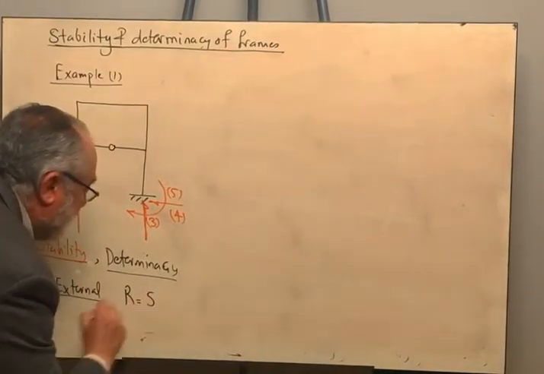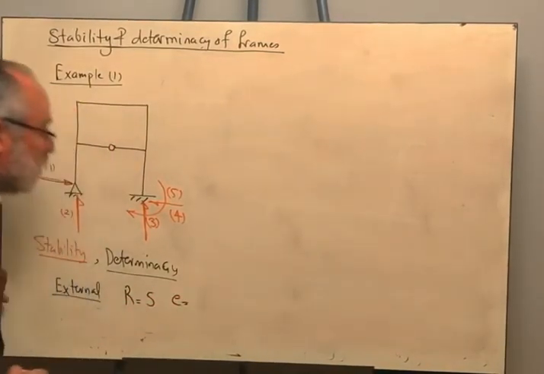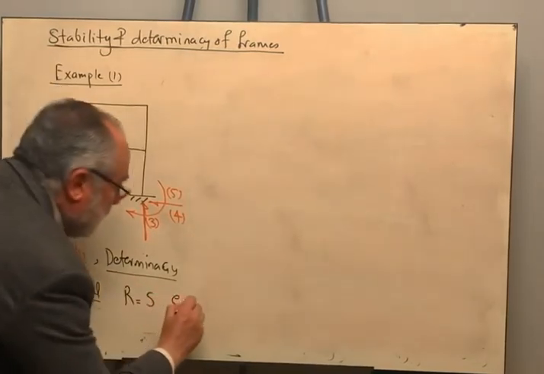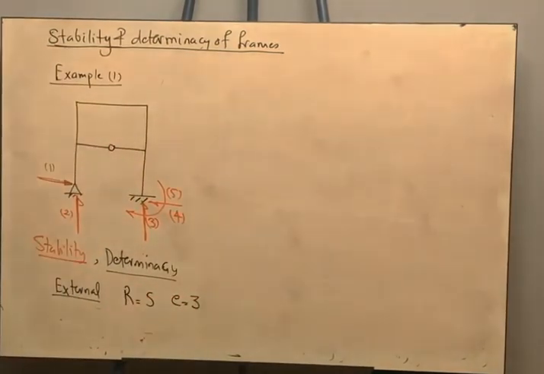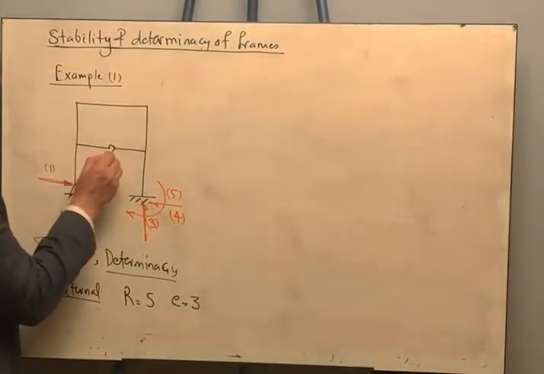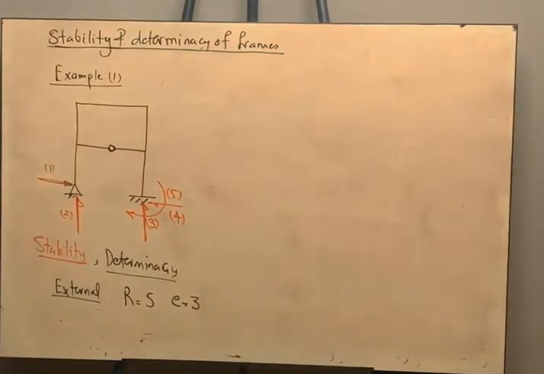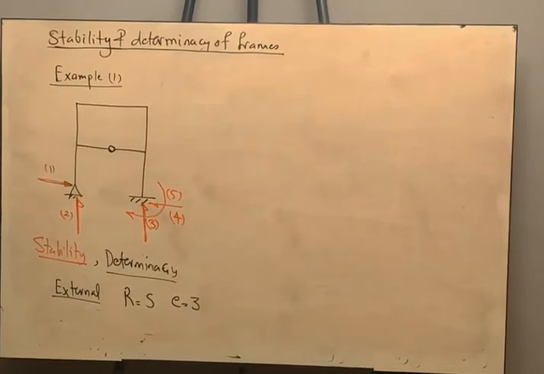I am having 5 reactions. How many equilibrium equations? I am having 3 equilibrium equations. How many condition equations? One of the students will tell me, well, I need to count this one condition equation for the external determinacy of the structure. I will tell him or her, no please.